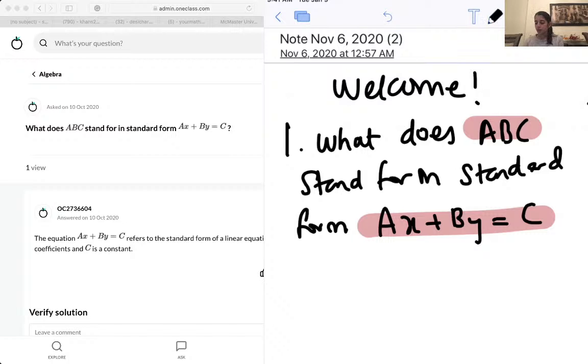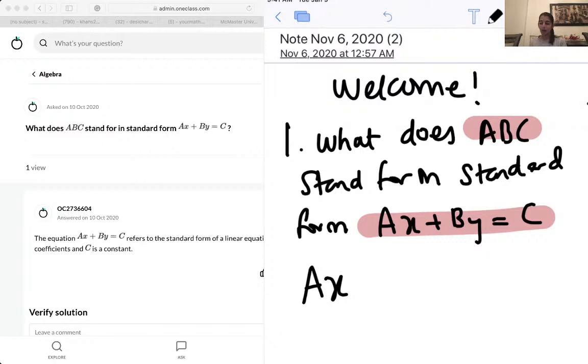The A, as you can see, is being multiplied by a variable. X and Y in this scenario are variables. We also know that AX plus BY is equal to C is a linear, or order 1, equation.